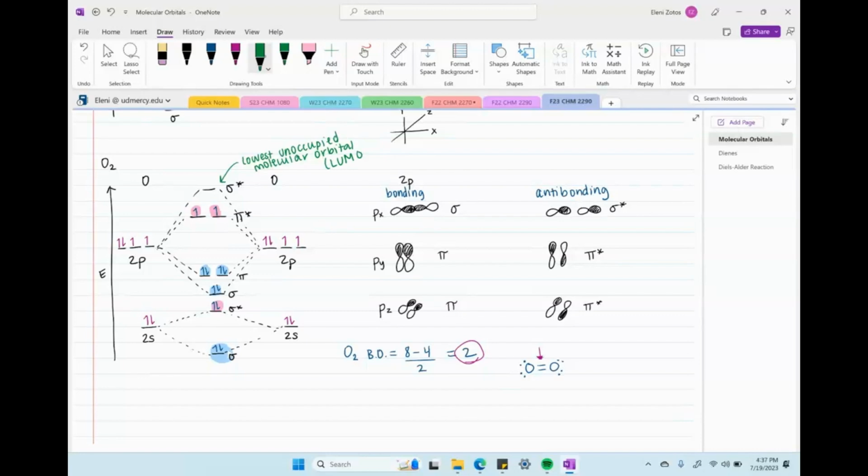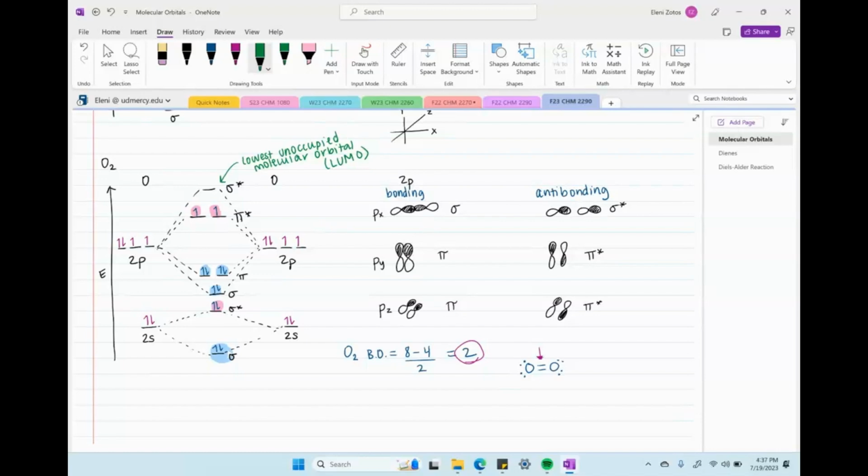This is abbreviated as LUMO, the lowest unoccupied molecular orbital. This means if we have electrons adding into the molecule in a chemical reaction, they could occupy that sigma star. Or if we excite an electron, it could occupy that sigma star orbital. So we have the lowest unoccupied molecular orbital, or the LUMO.